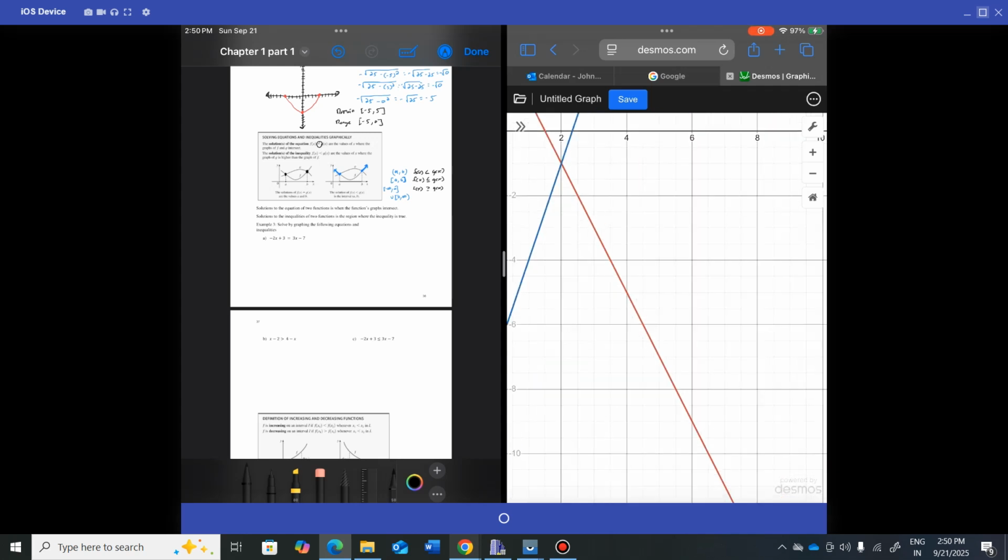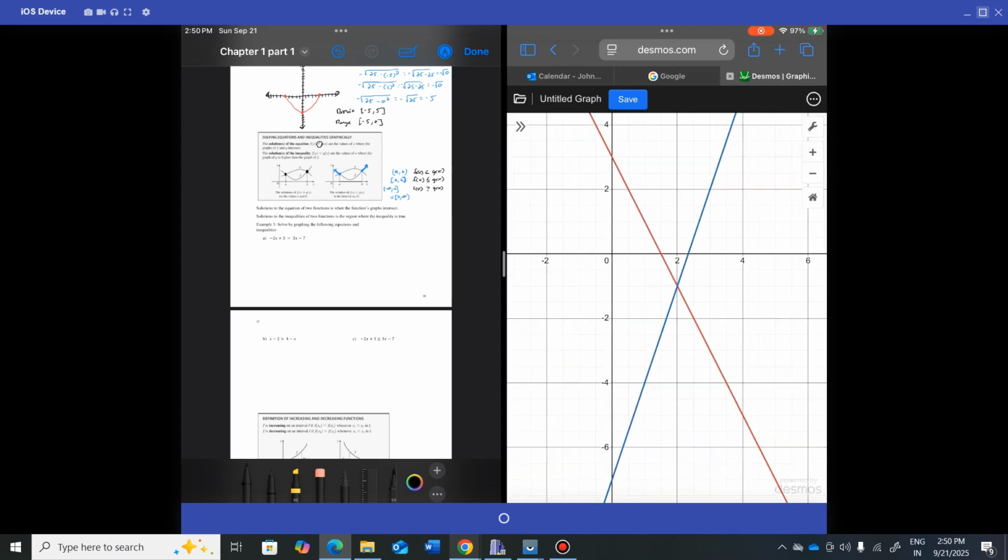We see these cross right here at 2, negative 1. So the solution is 2, negative 1, because that's where they cross.